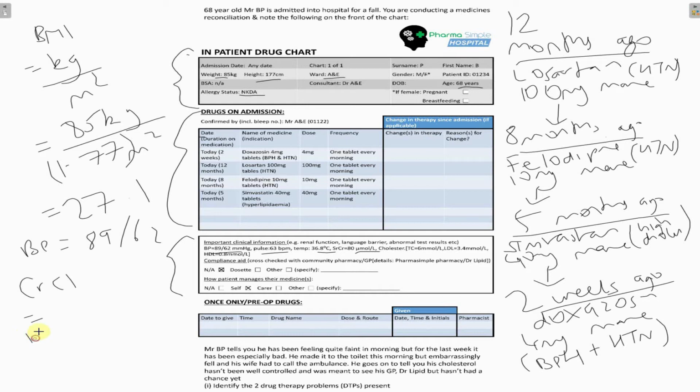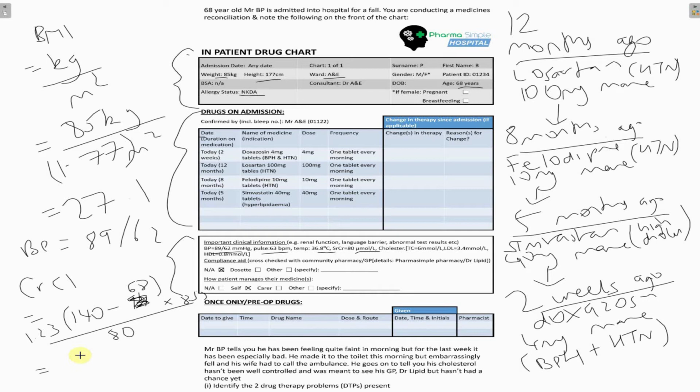So 1.23 times 140 minus age, which is 68, multiplied by their weight, which is 85 kg, divided by serum creatinine, which is 80 micromoles per litre, and creatinine clearance is always in mil per minute.